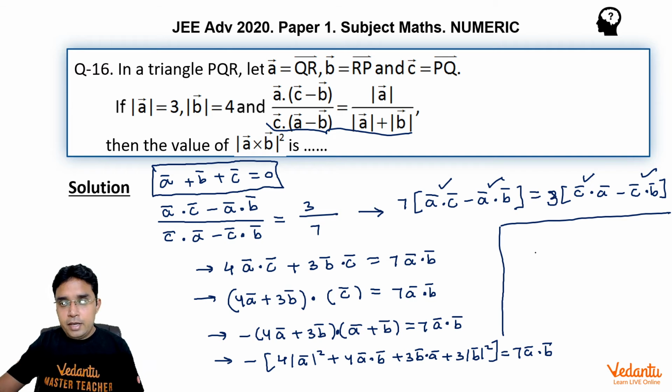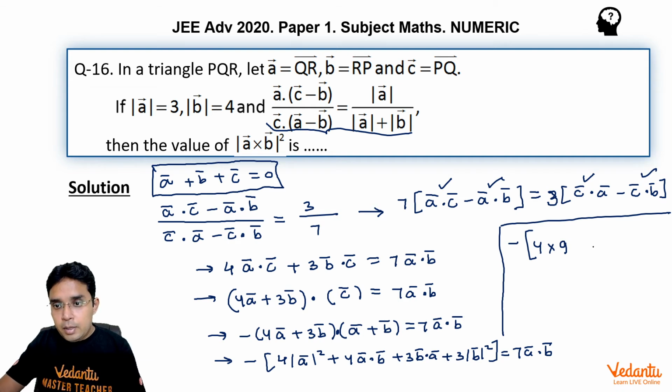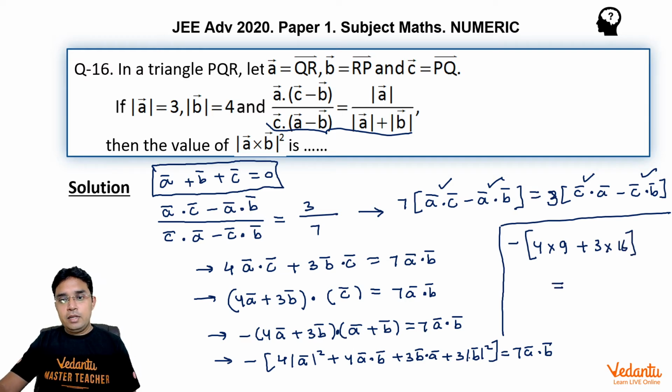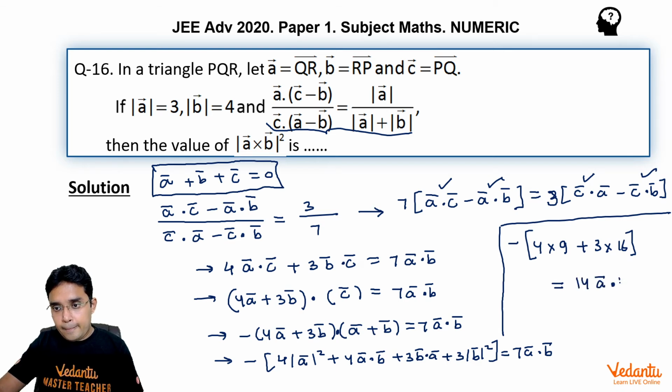So I will get here minus of 4 into mod A square, which means 9 because mod A is 3, plus 3 into mod B square, it will be 3 into 16. And on the right hand side we will have 7 minus 4 minus 3, that is 14 A dot B.